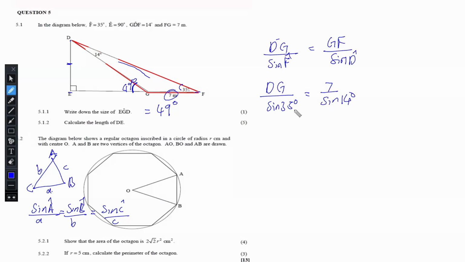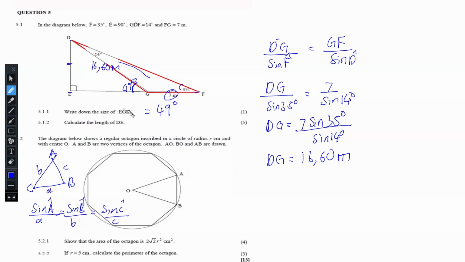Right, then to calculate my DG, I know that it is simply just 7 multiplied by the sine 35 degrees and then over sine 14 degrees. So cross multiply here, eventually the sine 14 will have to divide. And then DG would now have to be equal to what? 16.60 meters. So let me fill it in here. Now I have 16.60 meters.